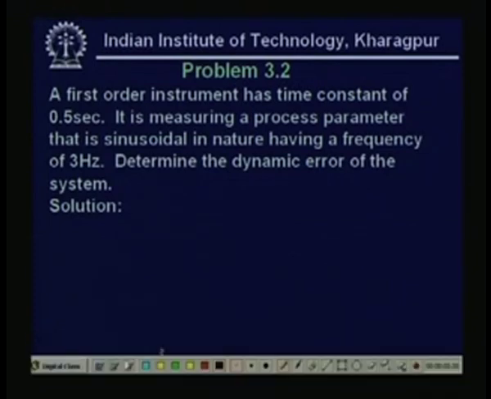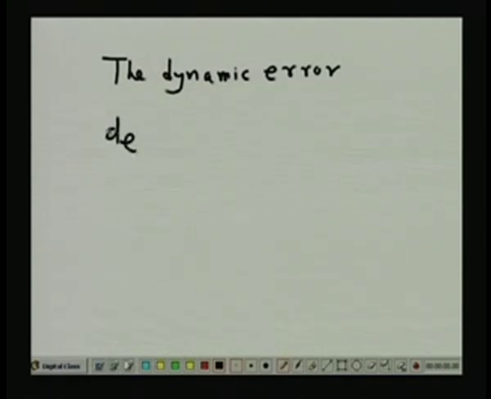It looks like this. You see here that in the case of first order systems, I can write the dynamic error dE equal to y by k by x minus 1.